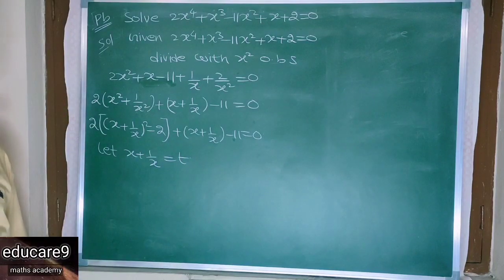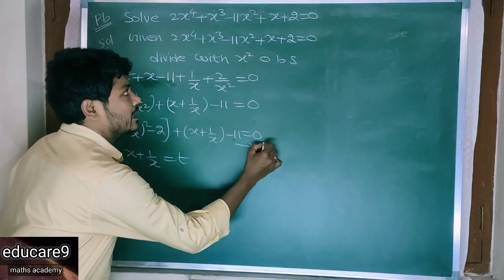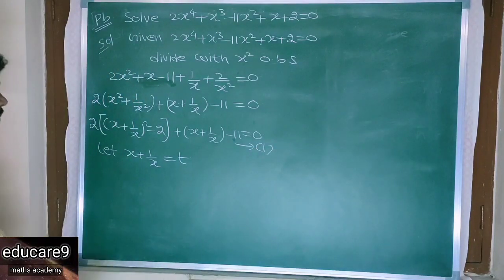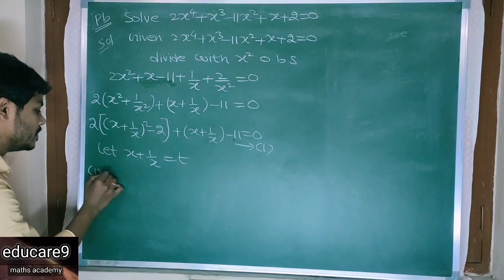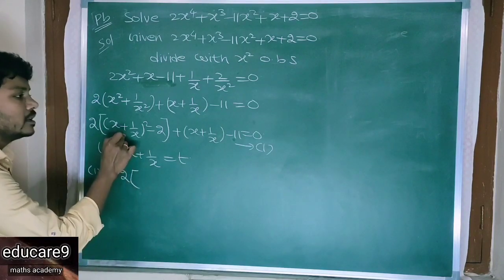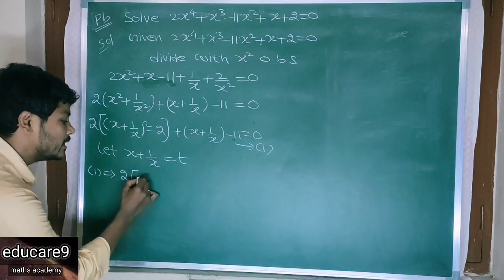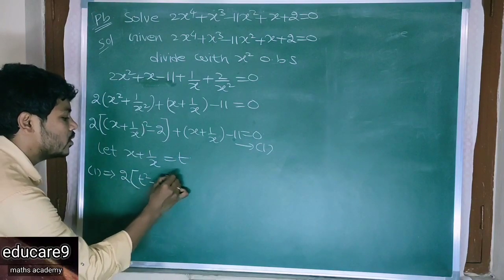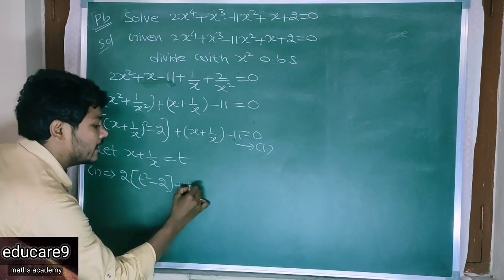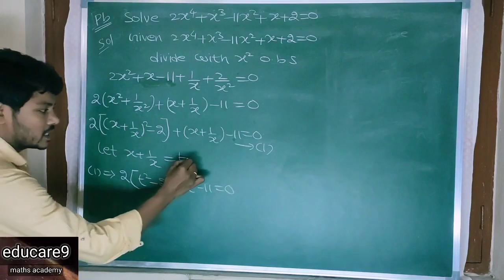Then equation 1 becomes 2 times of x plus 1 by x, that is t square minus 2, plus t minus 11 is equal to 0. So this is equation 2.